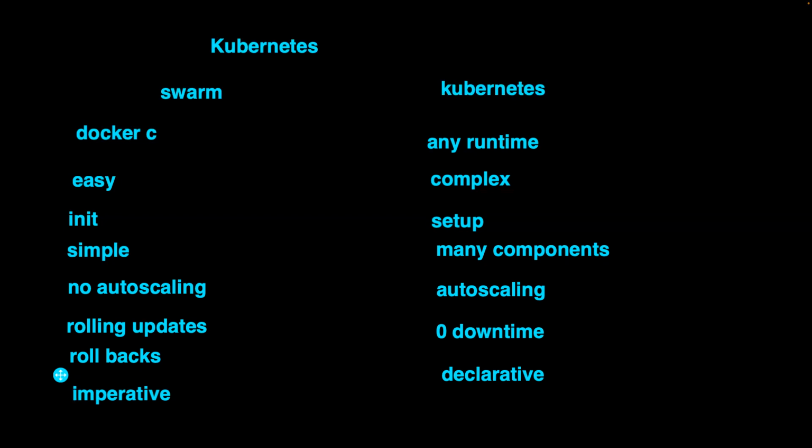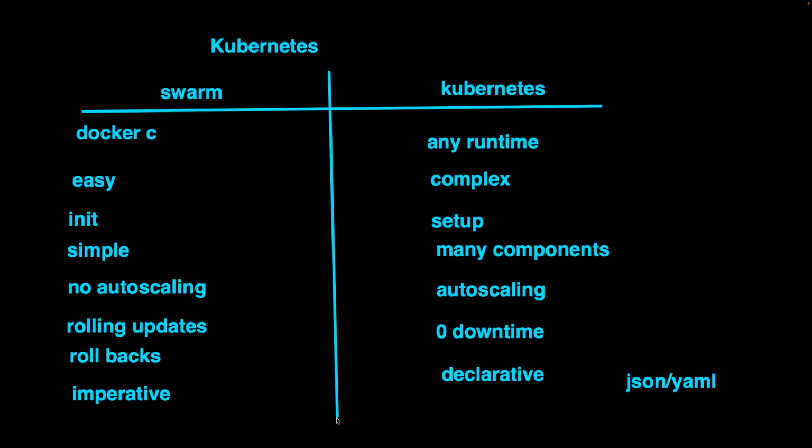In Kubernetes also, you can do everything with single line commands, but Kubernetes prefers the declarative approach, where you define your desired state in a manifest file. Those manifests are written in either JSON or YAML. YAML is more famous. That's how you define the Kubernetes configurations. These are some of the basic differences. Once we get into the architecture, we can understand many other differences practically.